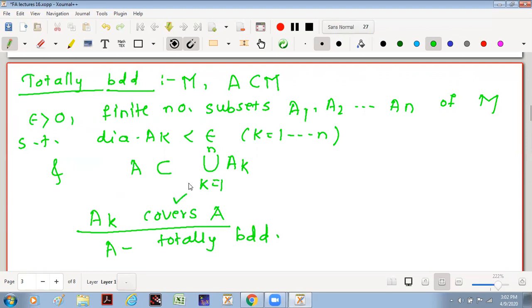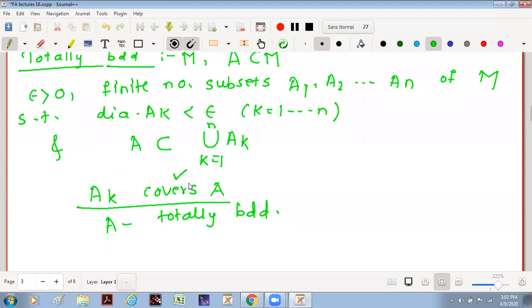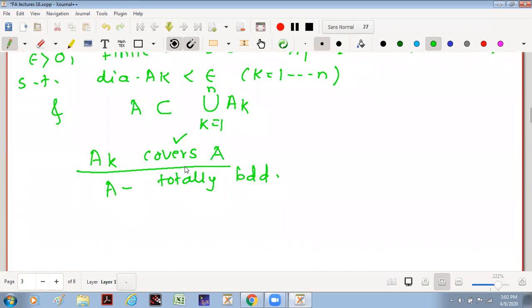Covers is a concept that we already know, open cover and all; we have seen it in topology in detail.